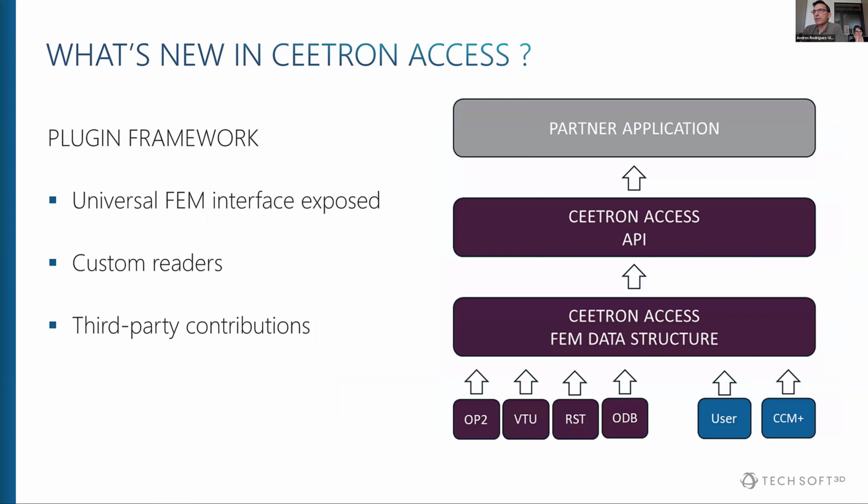In terms of CEETRON Access, we're setting up a plugin framework. We want to promote CEETRON Access more as a universal finite element data structure than as a catalog of readers. Of course, the readers are available, but this will allow to implement custom readers and allow for third-party contributions to hop on the wagon of this universal model.